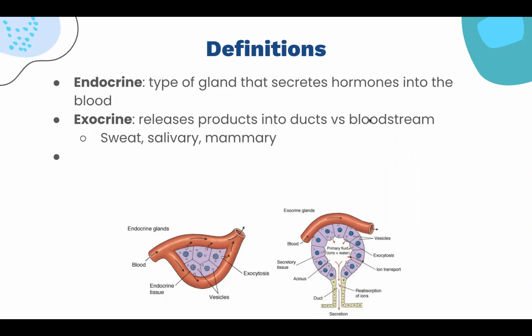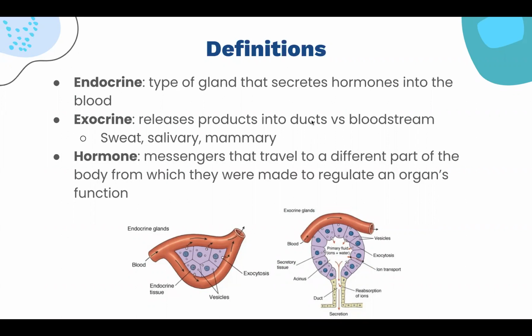Examples of the exocrine glands would include sweat, salivary, and mammary glands. And can anyone tell me what a hormone is? It's a peptide or a steroid or a tyrosine-derived molecule that travels through the bloodstream and causes other bodily effects. Amazing. Yes, that's exactly what it is.